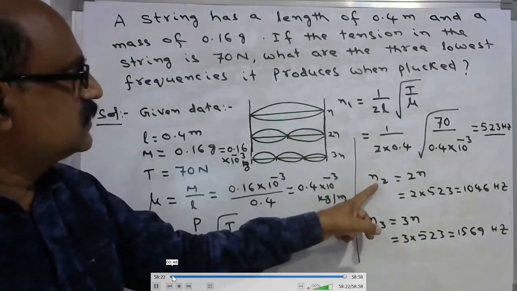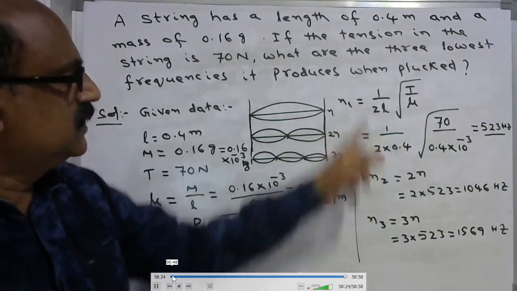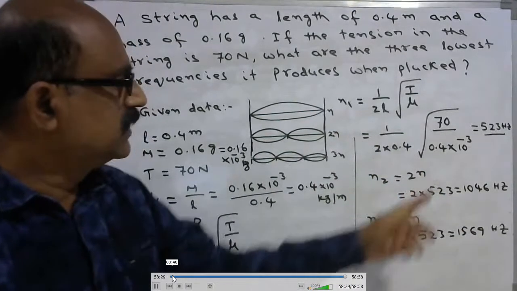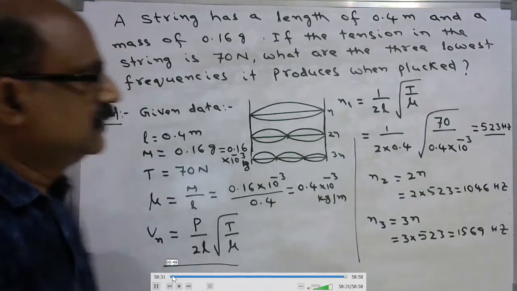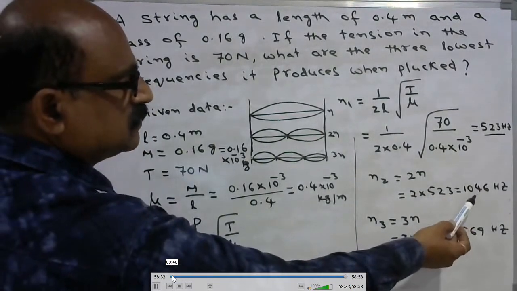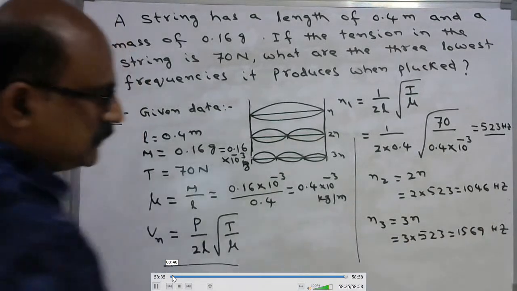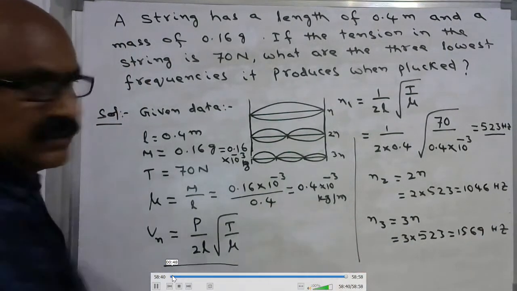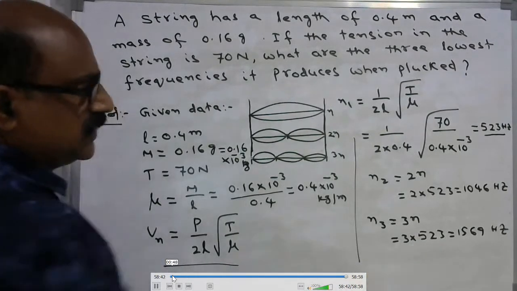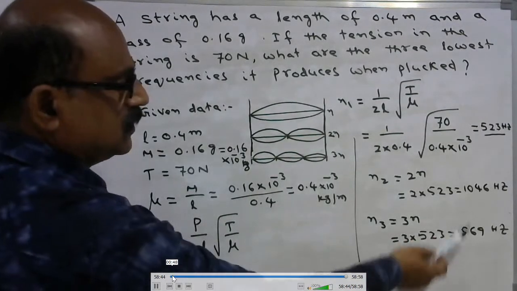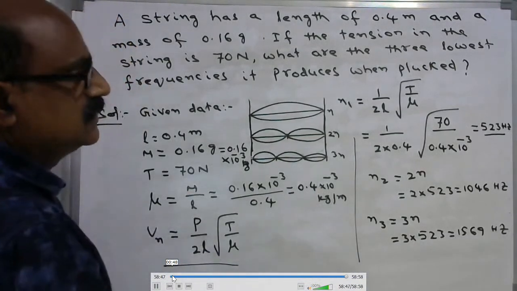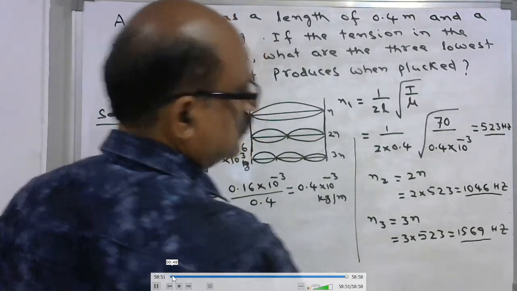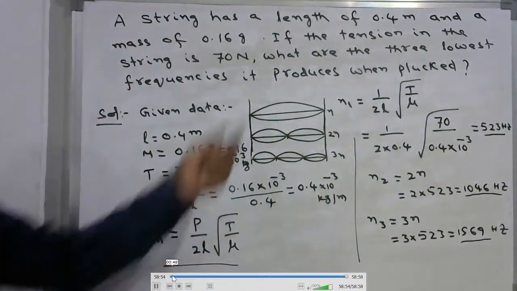So the second lowest, the first overtone, is equal to 2N, 2 into the fundamental frequency, so you get 1046 Hz. And the third one, N3, is equal to 3N. So 3 into 523, 1569 Hz. So these are the 3 lowest frequencies you can obtain by plucking this string.